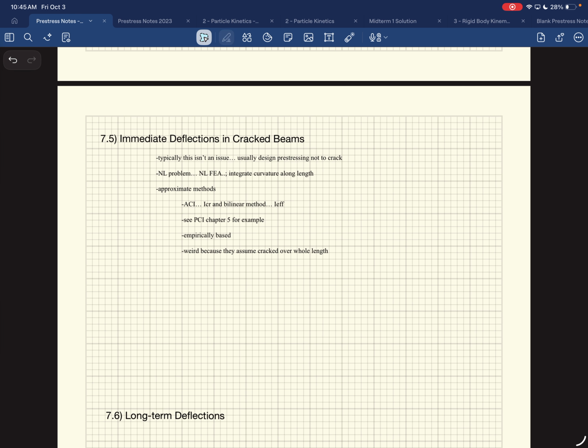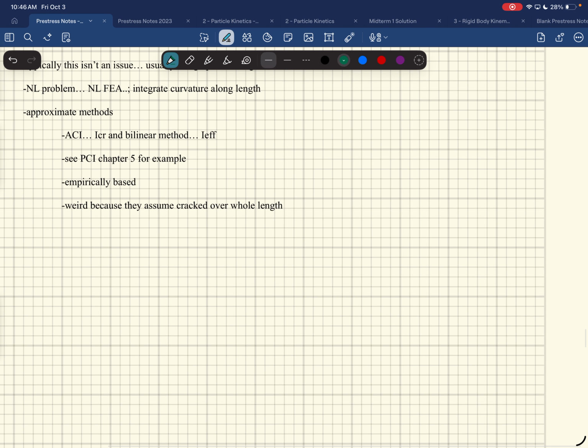And this is what they look like here. You come back to that moment curvature relationship we just talked about. Moment and curvature. And one method, you go like this. This is the bilinear method. They assume it's EI up to a certain point.